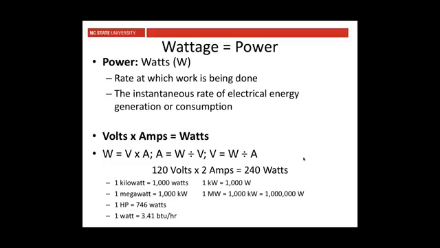Maybe a desktop computer, maybe a ceiling fan, a pretty energy hog ceiling fan running at 120 volts will pull 2 amps. So the instantaneous power draw of your computer monitor or your ceiling fan, if it's drawing 2 amps of current, would be 240 watts.